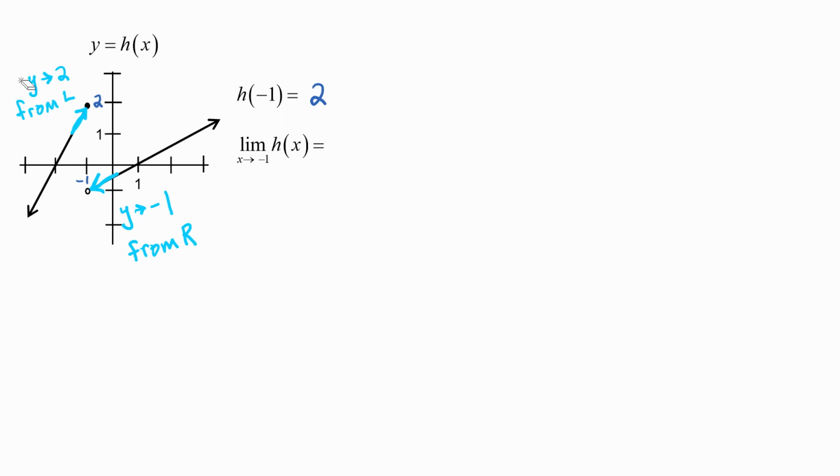So since the limit coming in from the left is 2, which is different than the limit coming in from the right, which is -1, we have to say that the limit as x approaches -1 of h of x does not exist. And once again, that's because the limit from the left did not equal the limit from the right.